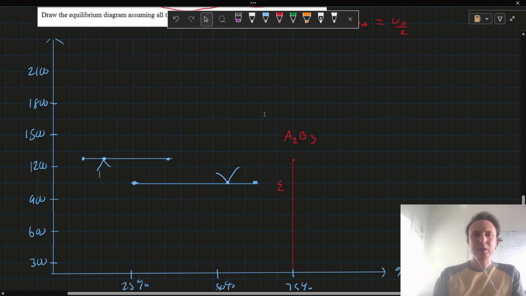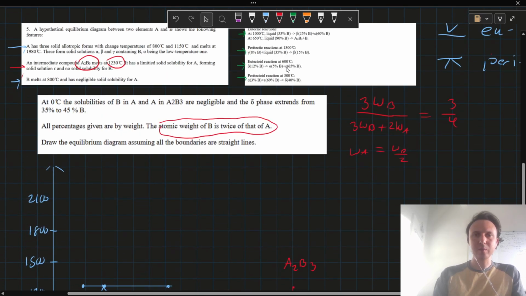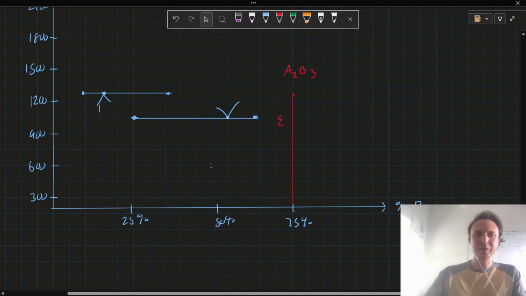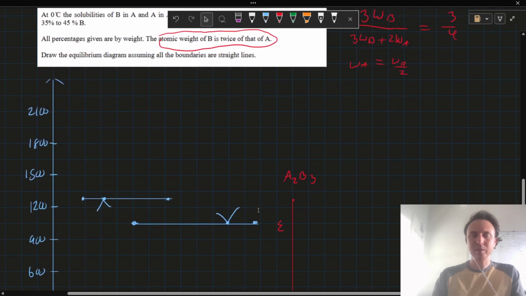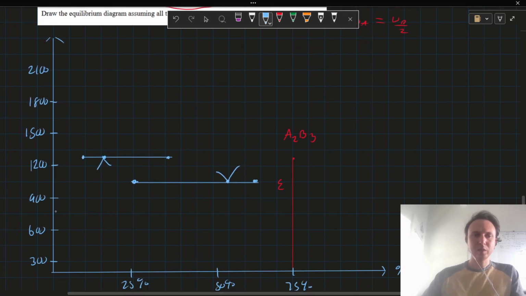Okay, and now we have the eutectoid one at 600 Celsius, the one I sort of crossed over with. And so that one we have 12%, 5%, 65%. So we'll put in the 5%, 600 Celsius. 12%, is that right?